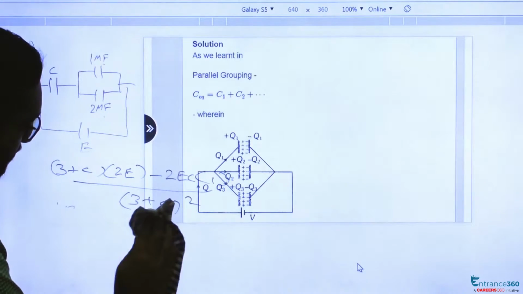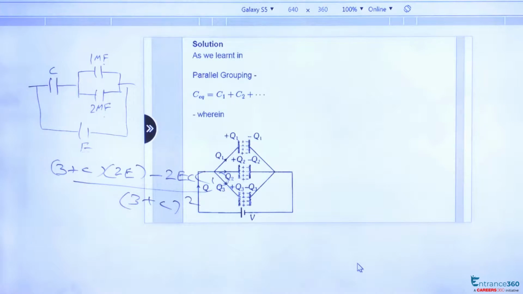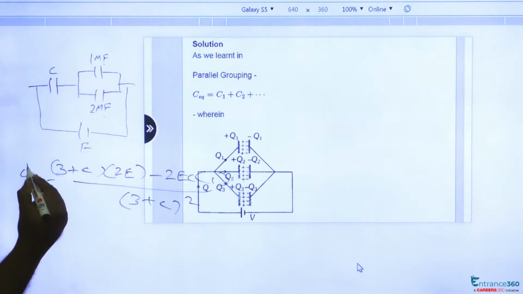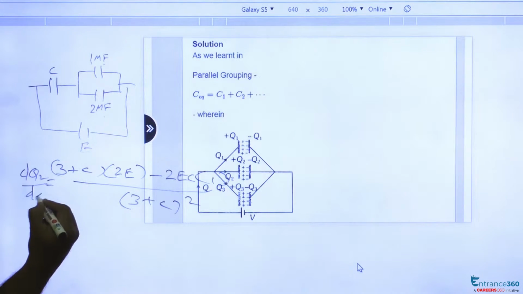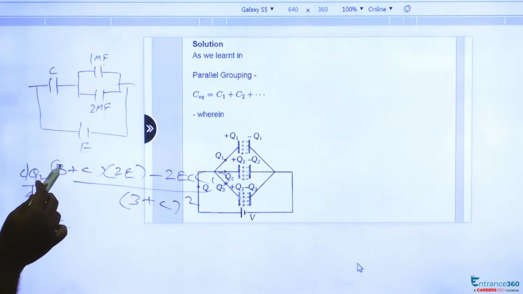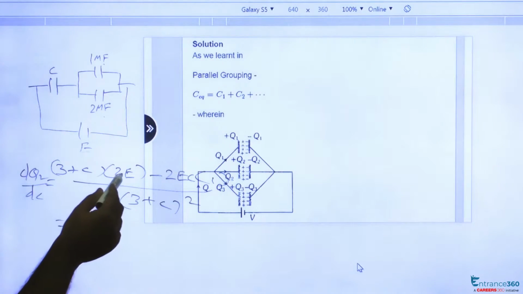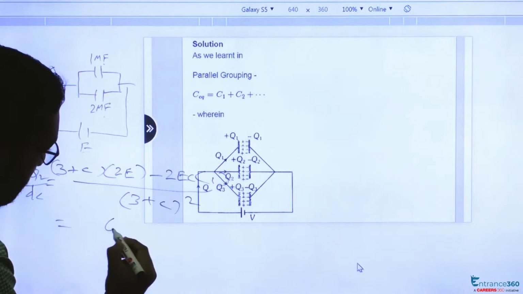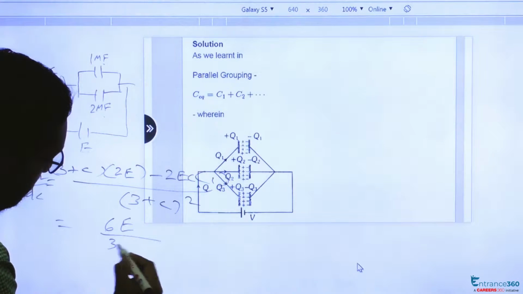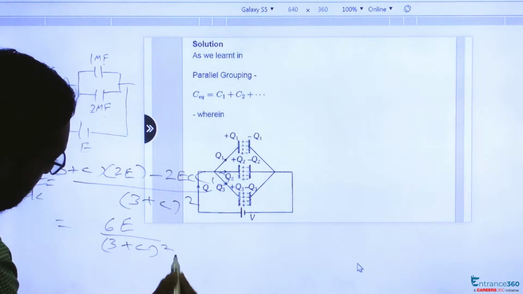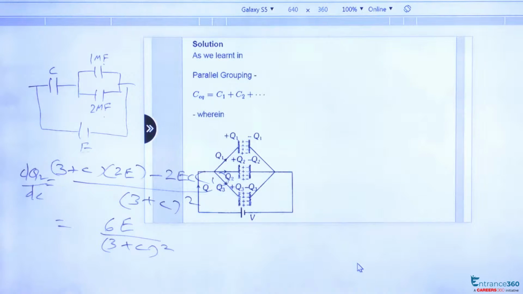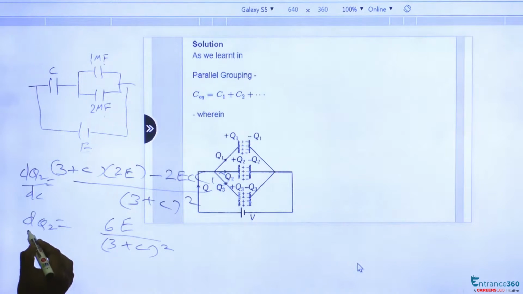So after differentiating, dQ2 by dC will be, 2EC and 2EC will get cancelled, remaining will be 6E divided by (3 plus C) whole squared. So this is how the charge Q2 is changing with respect to capacitance.